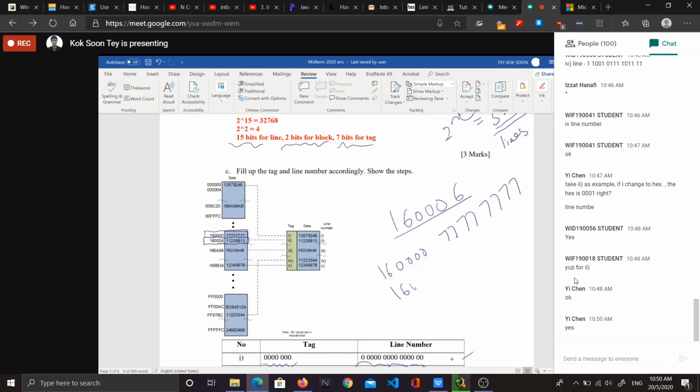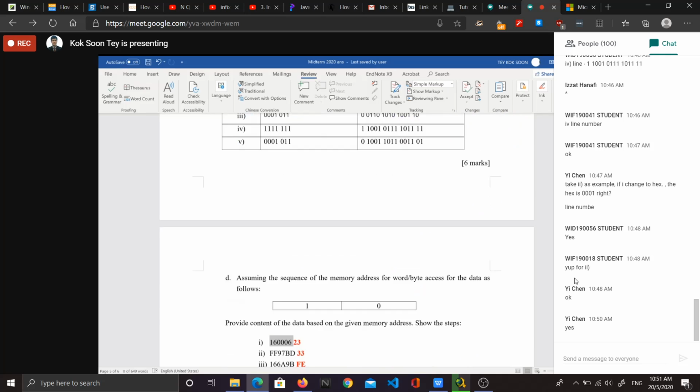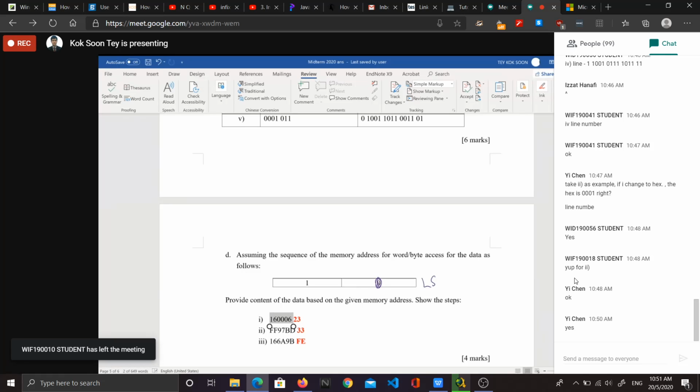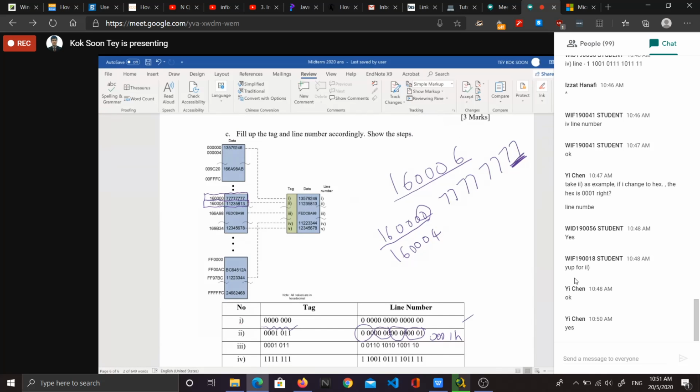Then the next one is 160004. So that means the 1600 location consists of these values. That's because here they're telling you the 0 is at the LSB and the 1 is at the MSB, right? So the 0 should be here, so it's the content here. Then 160001 is pointing to this one.